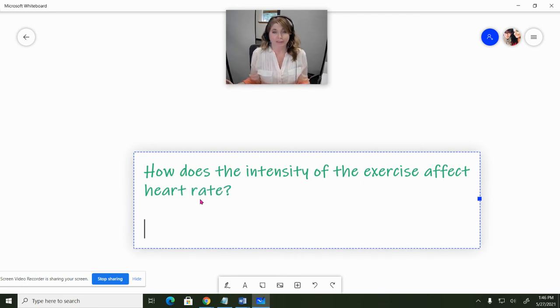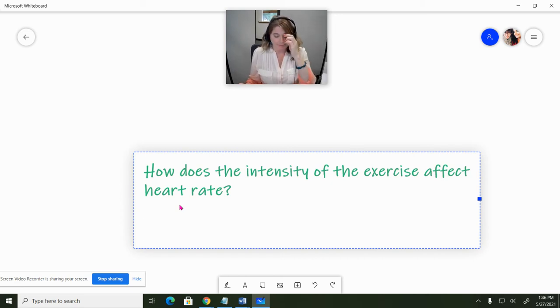That's the example that they give you in the lesson. If I do low intensity, moderate intensity, or high intensity exercise for, let's say, 2 minutes, how does that affect what my active heart rate is going to be? So you can kind of imagine how you could devise an experiment to test that hypothesis. That's the one that's given in the lesson.